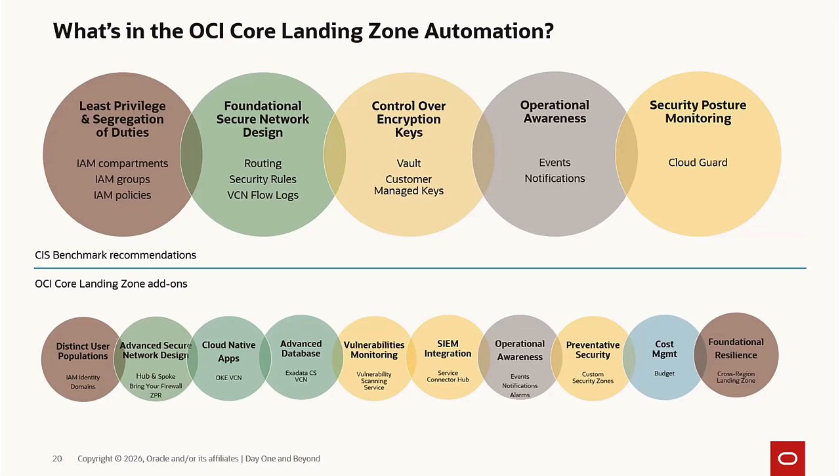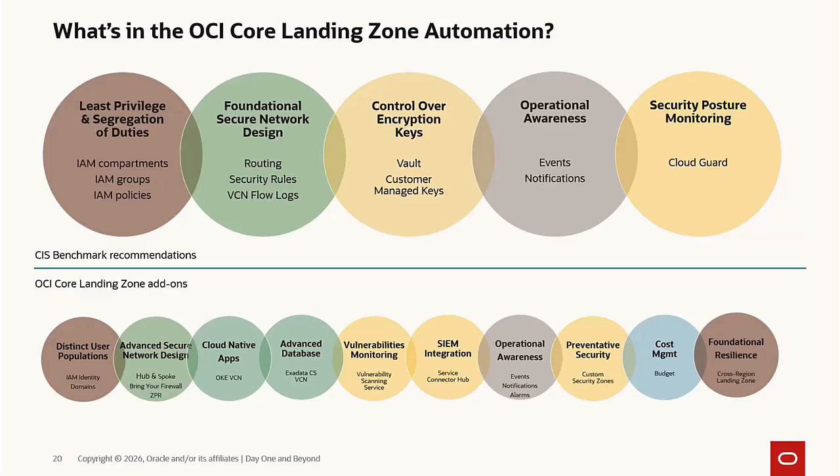Provide control over your encryption keys using the OCI Vault service. It provides operational awareness of things that are changing the infrastructure using OCI events and notifications. CIS mandates that we have notifications for IAM and networking events. And, last but not least, security posture monitoring with CloudGuard as basically a detective security control for insecure configuration and suspicious activities.